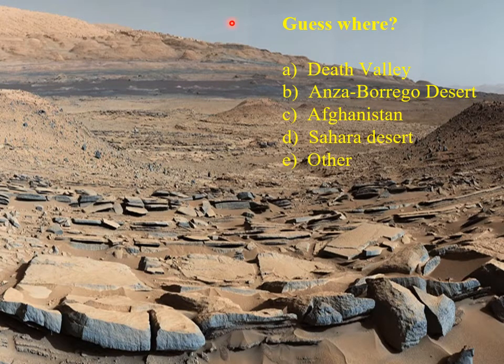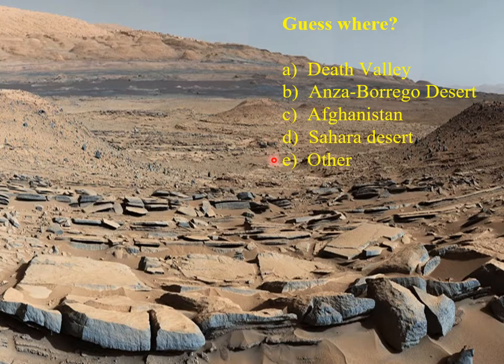Let's now leave Venus and go to this nice desert scene here. This image shows a desert. Now the question is, where is this? Is this Death Valley, California, or is this the Anza-Borrego Desert, which is here in San Diego County? Or is this a picture of the deserts from Afghanistan or maybe the Sahara Desert?